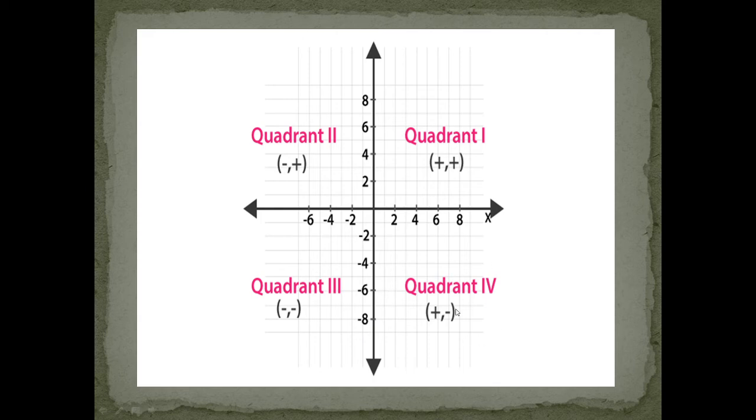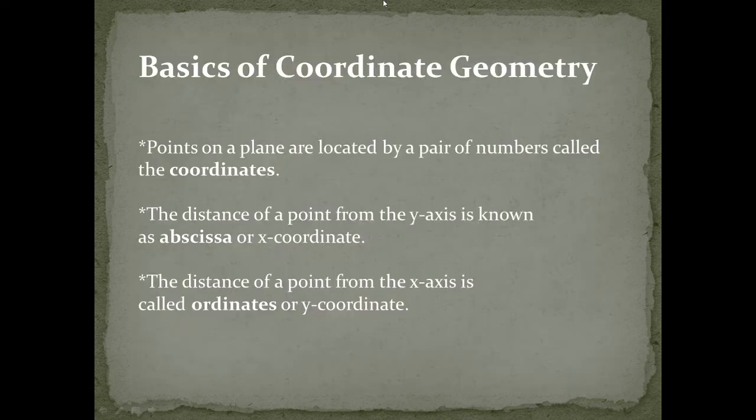And this is called the fourth quadrant, where x is positive and y is negative. The points on a plane are located by a pair of numbers called coordinates. The distance of a point from the y-axis is known as the abscissa or x-coordinate, and the distance of a point from the x-axis is called the ordinate or y-coordinate.